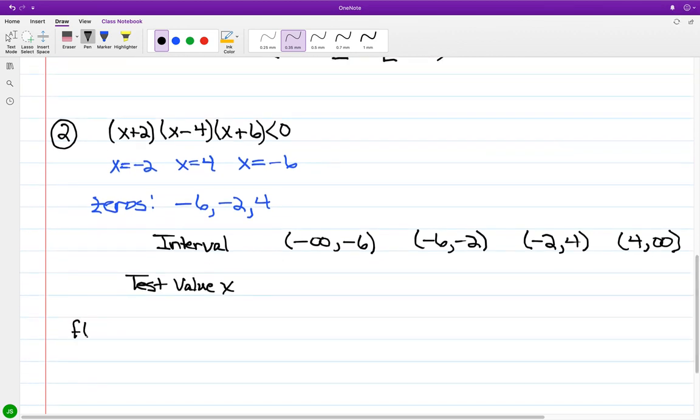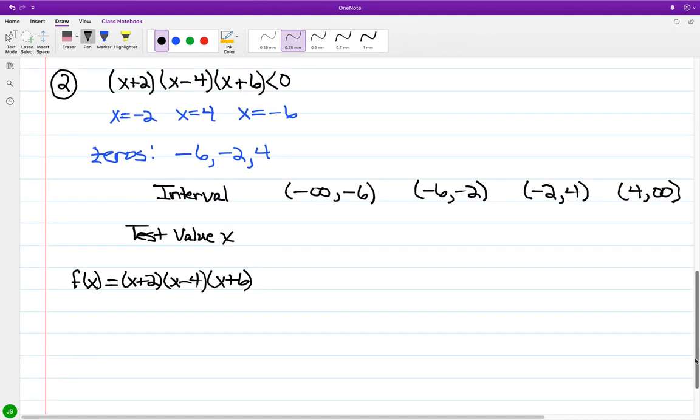Also, for the function values, we'll have f of x. So again, we have the quantity of x plus 2 times that of x minus 4 times that of x plus 6. Again, we're looking at the sign of f of x.